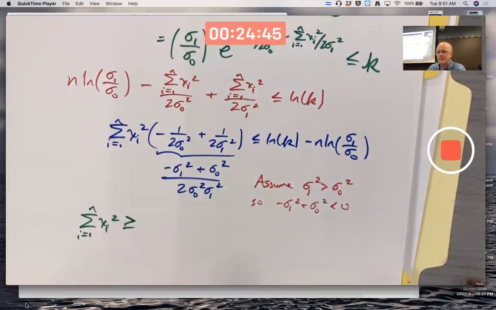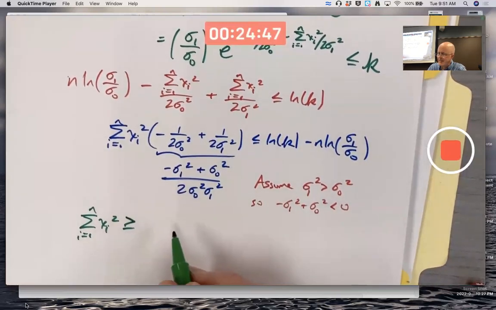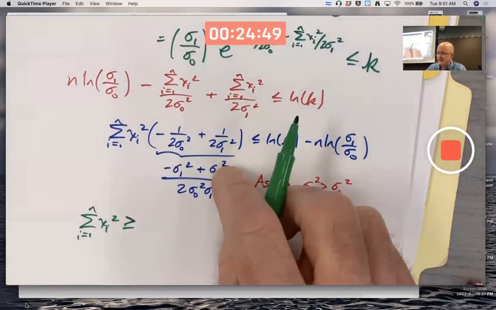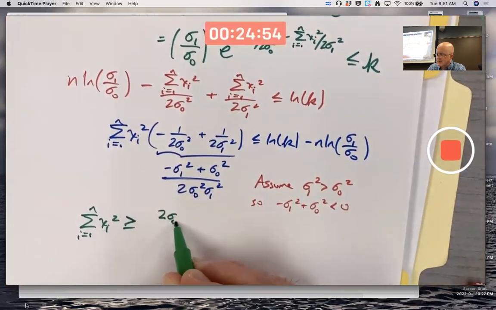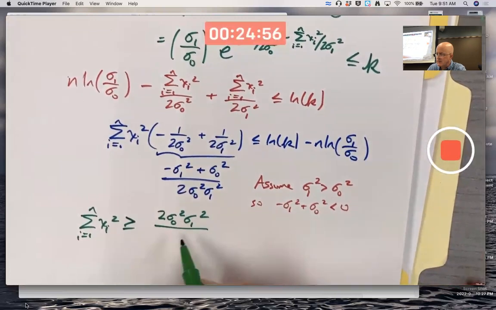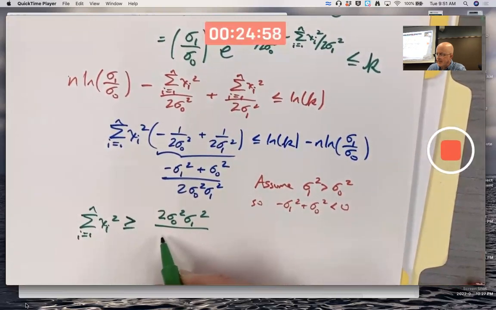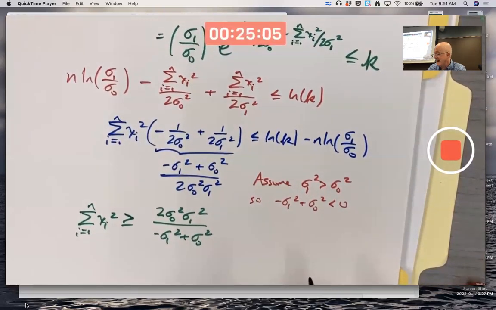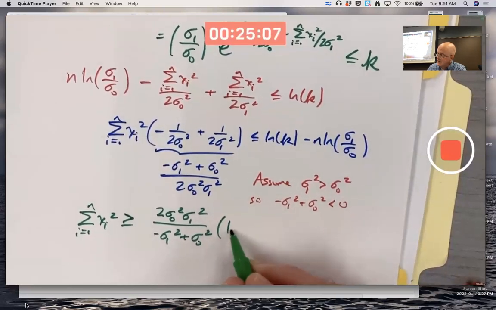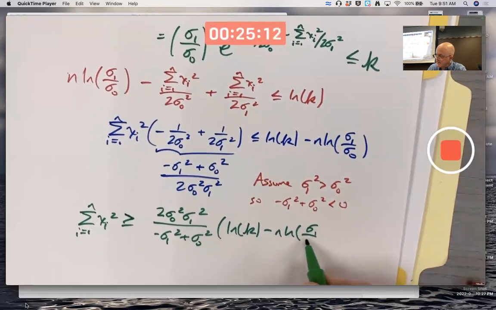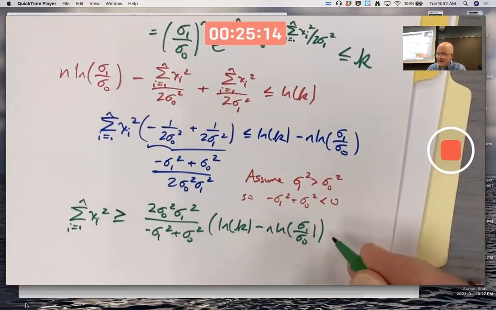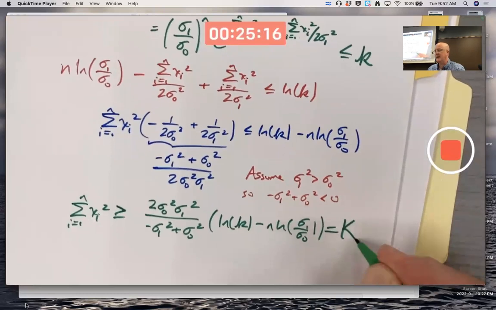Summations being greater than or equal to the reciprocal of this times that: 2 sigma 0 squared sigma 1 squared over negative sigma 1 squared plus sigma 0 squared, which of course I could have written as sigma 0 squared minus sigma 1 squared, times natural log of k minus n natural log of sigma 1 over sigma 0. This, in effect, is just another k. Call it capital K.